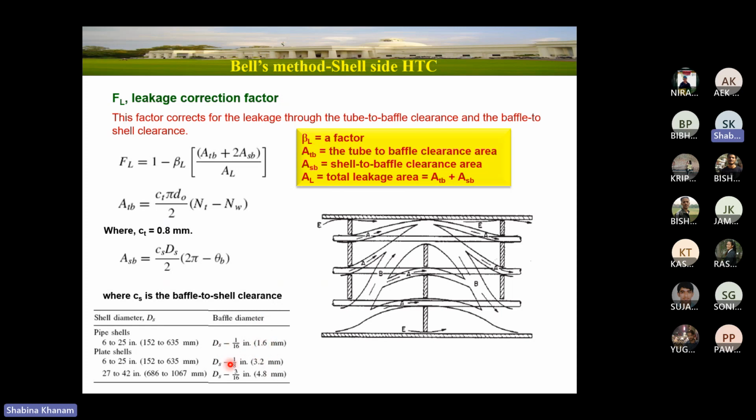So the values in the brackets are nothing but the CS. If your shell diameter lies in this range in both pipe as well as plate, you need to choose the pipe shell because that is already available, and making a shell is costlier in comparison to pipes.